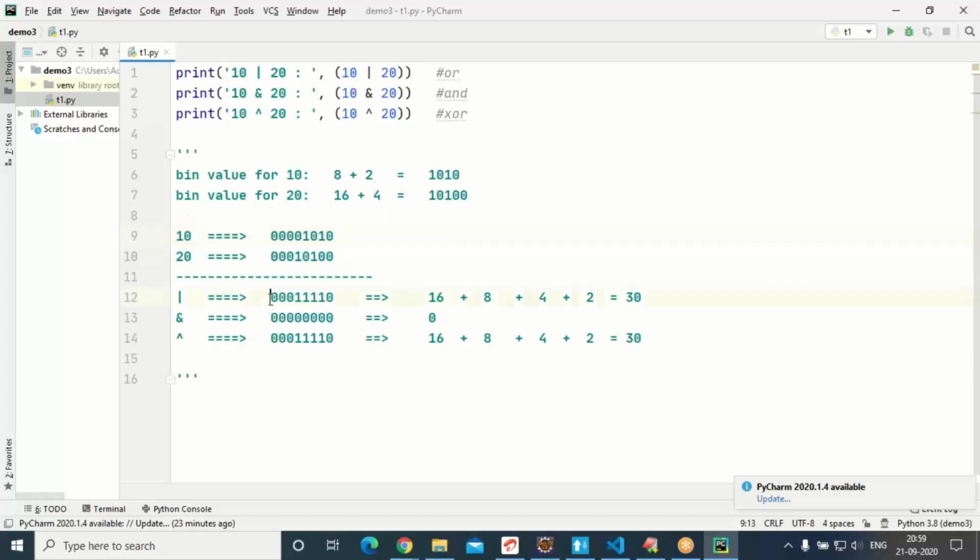Then you can go for the OR operation: if any one is a 1, then OR will produce 1. AND operation: if both are 1, then only you'll get 1. XOR operation: if both are opposite, then only you will get a 1. It's simple. Let us see one more example.